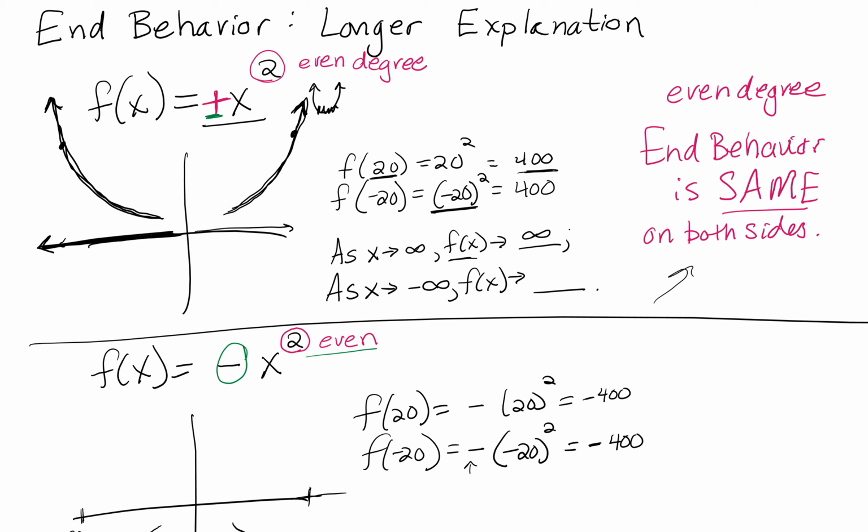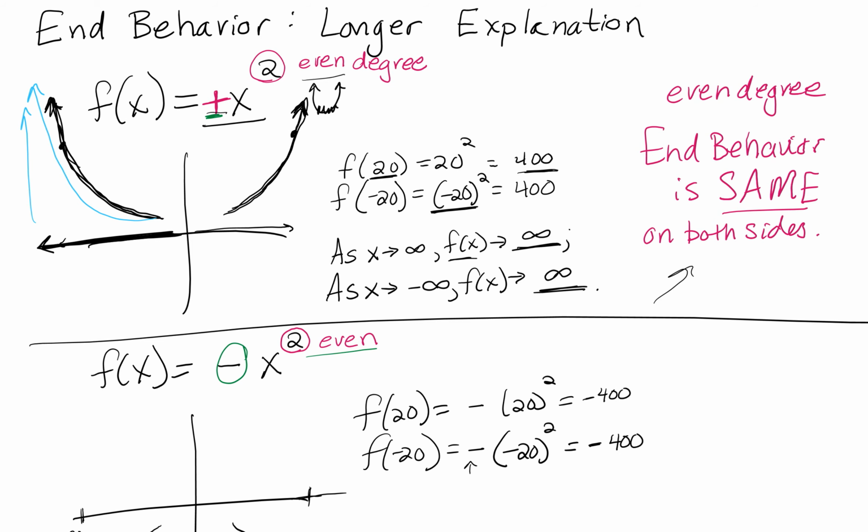And we can see that my y values are increasing and going up to positive infinity. So in this blank, I would also put positive infinity. Again, if this is even and positive, both of these are going up, and both of these will be positive infinity.